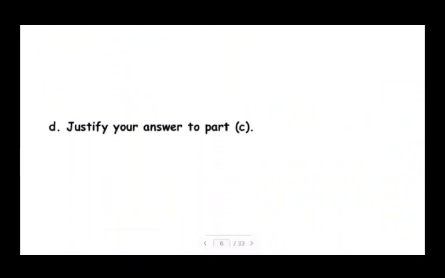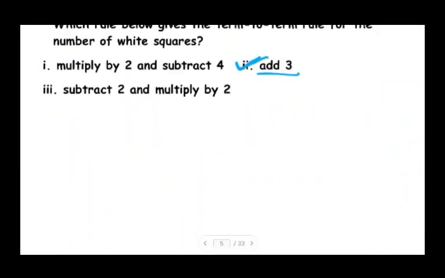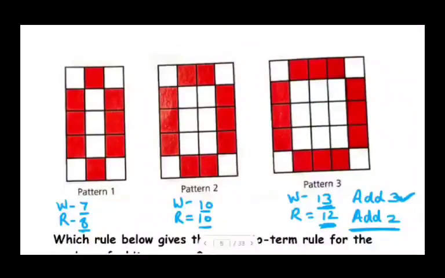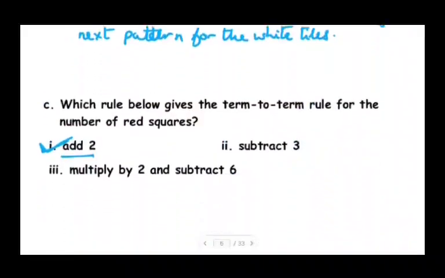Justify your answer. Okay, so over here we have 1, we have 2, we have 3. Over here we have 1, we have 2, we have 3. So what is our justification?